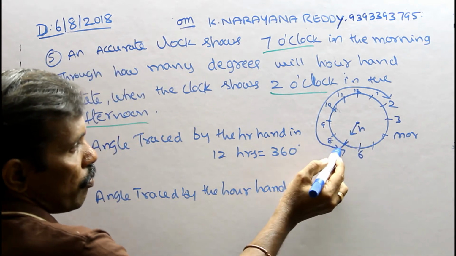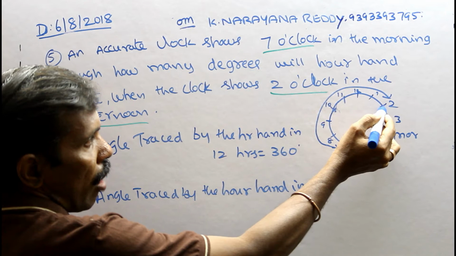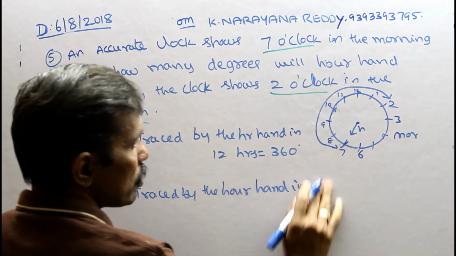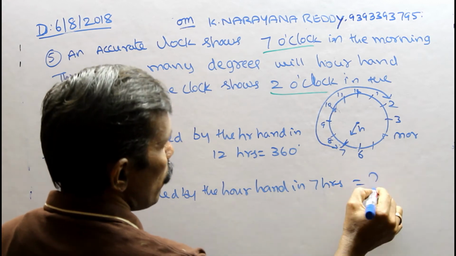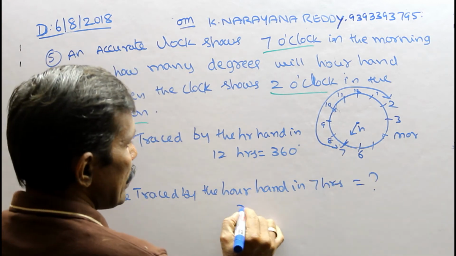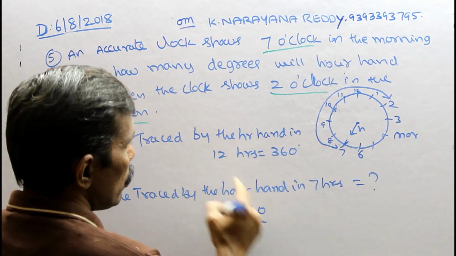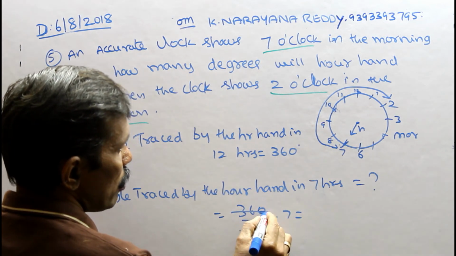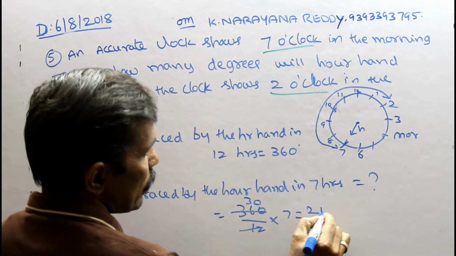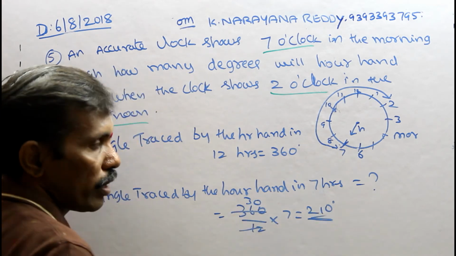See here, from morning 7 to afternoon 2, there are 7 hours. 7 hours equals how much? Simple. 360 by 12 into 7. What do you get? 210 degrees. That is the answer. Okay.